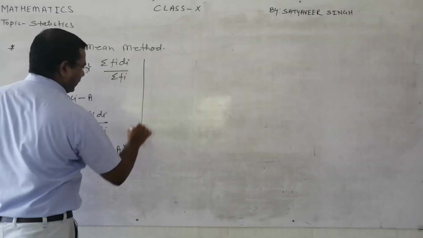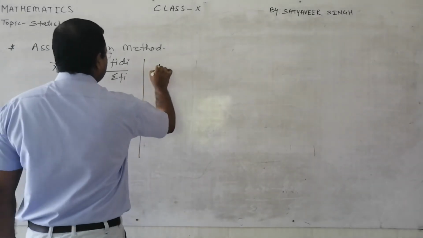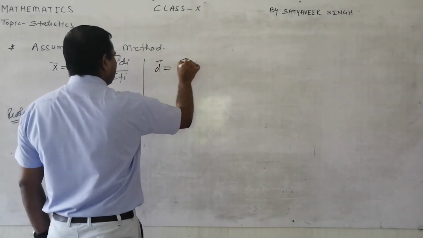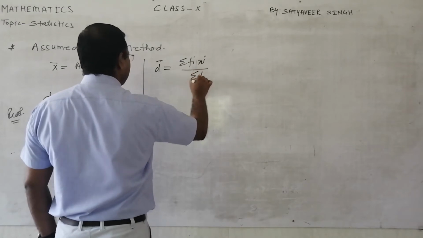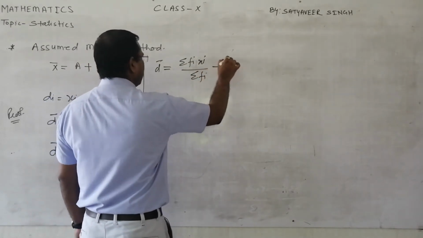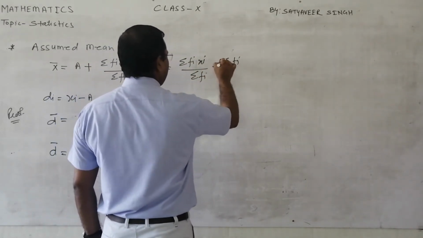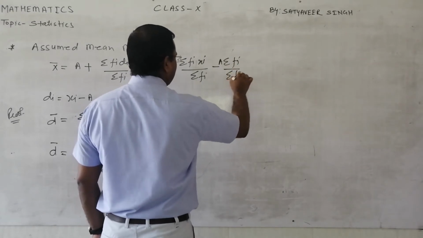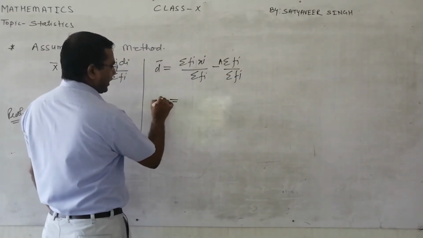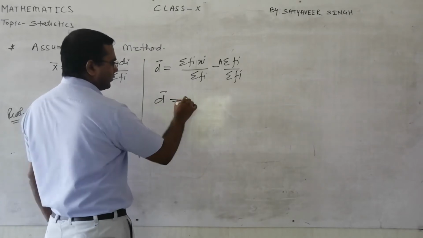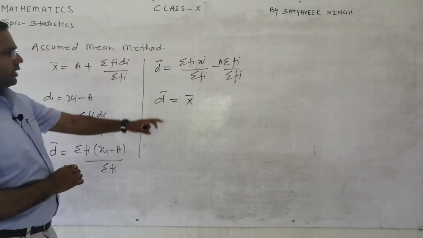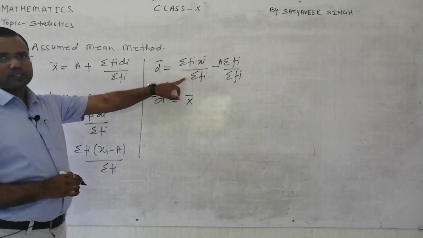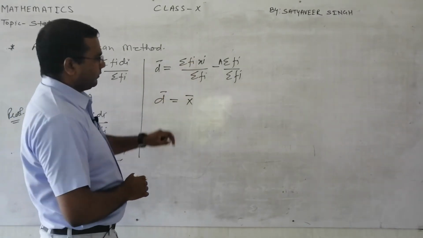Further, if you solve this, it equals summation fi xi upon summation fi minus summation fi into a upon summation fi. The first term is the formula we have used in the shortcut method for finding the mean, summation fi xi upon summation fi.